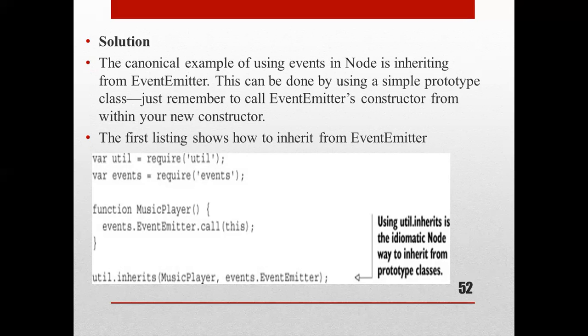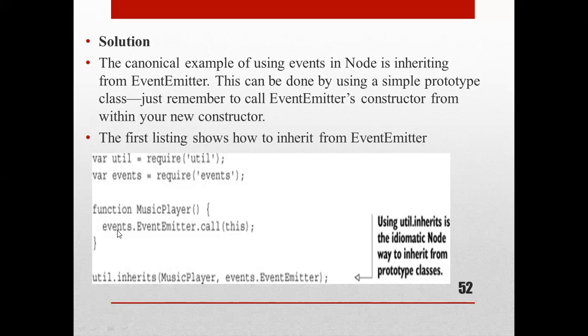Okay, so here you can see first we have to import the utility module, where util is equal to require of util. Then for events, we have to import the events module for the event emitter. For the inheritance, we have to import the utility module. Remember this. Here, one function is there. As I said, we are going to see the example of a music player, so one function is for the music player.